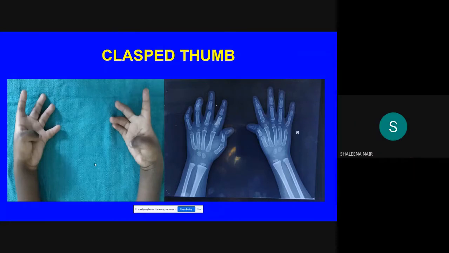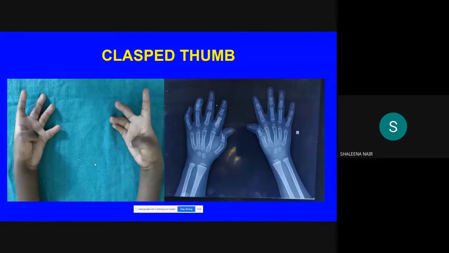First, we will examine for EPL and EPB function, flexion at the metacarpophalangeal joint, then extension at the metacarpophalangeal joint, then the IP joint. Then the abductor is affected in most cases, so I would like to see the abduction of the thumb, whether the thumb is in an adducted position.